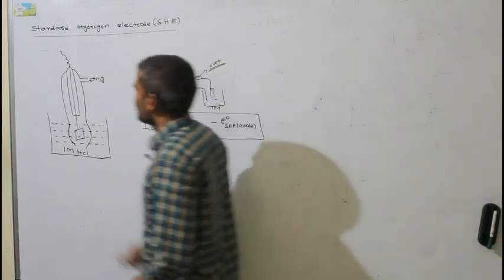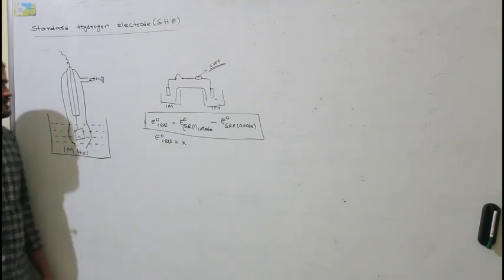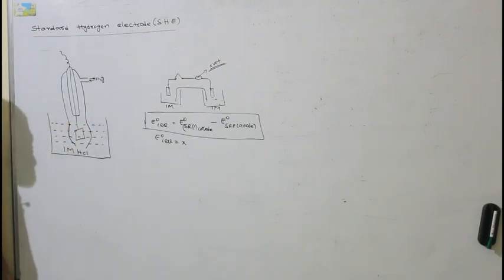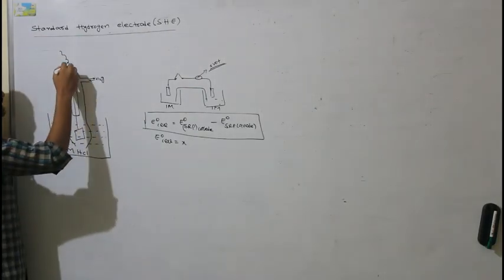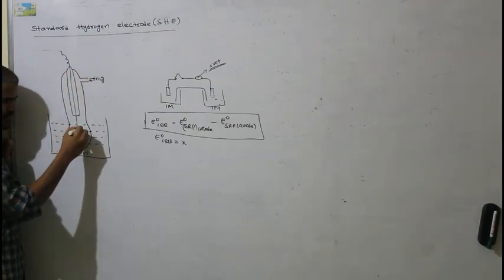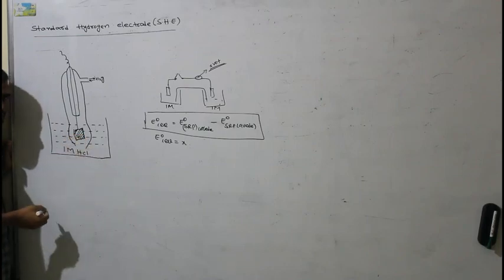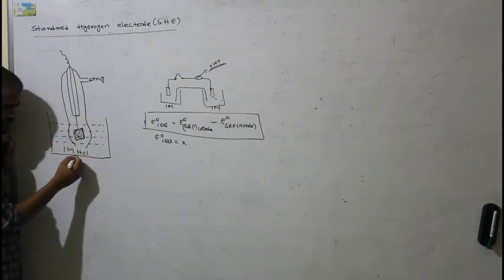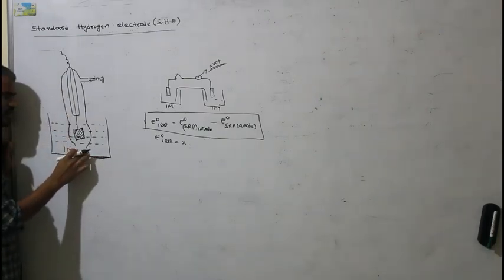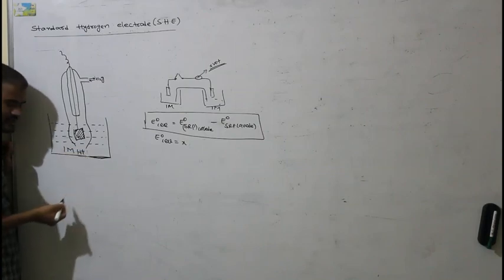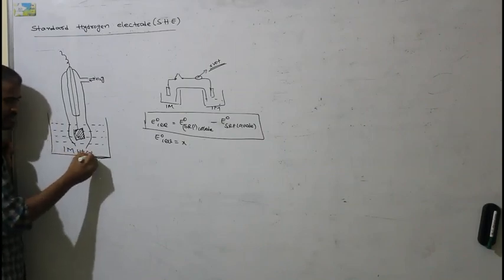So for that, they introduced the standard hydrogen electrode. In the standard hydrogen electrode, there is a thin platinum plate, dipped in a 1 molar HCl solution, or any 1 molar acid solution, 1 molar H plus solution.